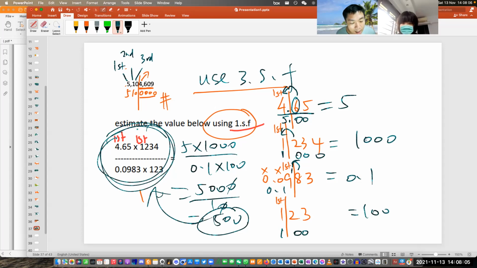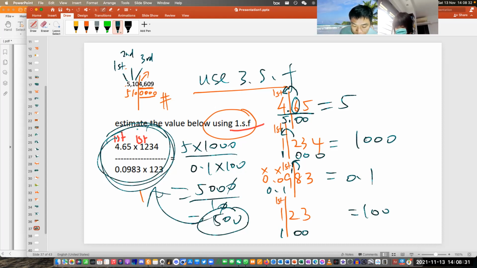It's a math error. Cannot be. I can even use my iPhone, which is not a calculator, to calculate 4.65 times 1234, then divide by 500. No, what is your answer? My answer is my original answer.